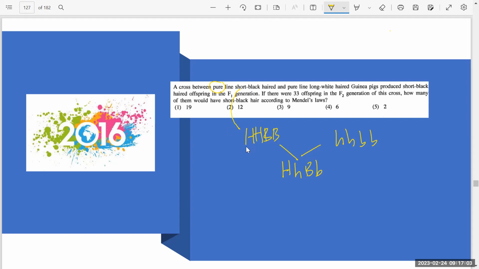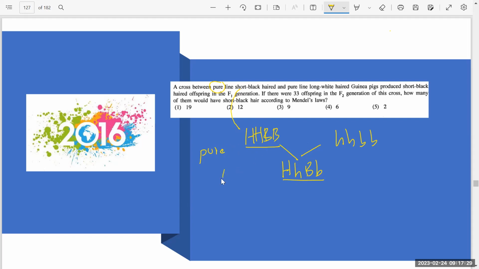So the F1 generation is this. Then these factors, like a pure line, help to make the genotype. They are homozygous dominant and homozygous recessive, as we see from the words pure line.